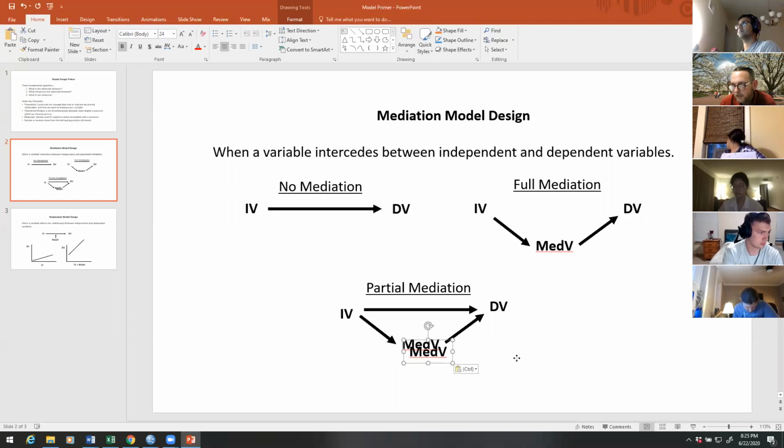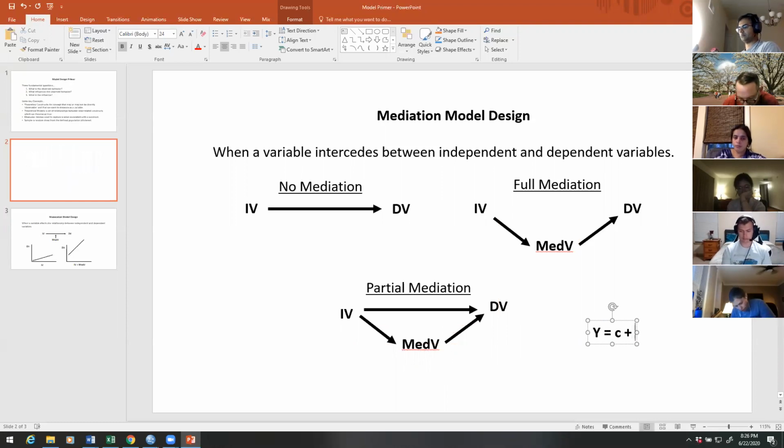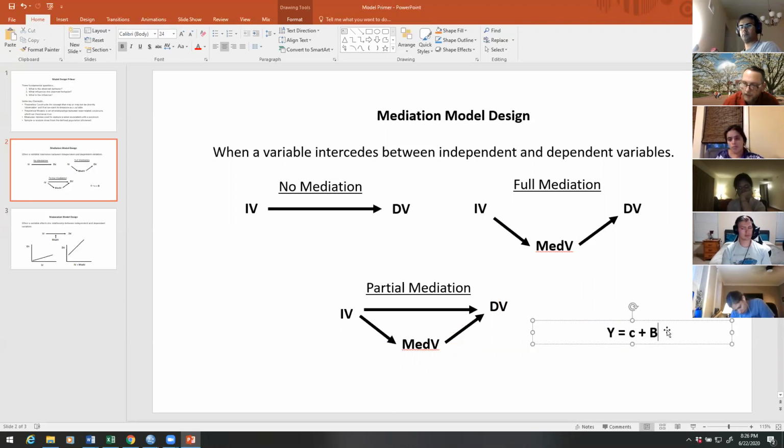So if I was going to write this out as a formula, we'd have the y, which is the dependent variable, then a constant, and then the beta for the IV. And that would be this no-mediation, direct relationship.